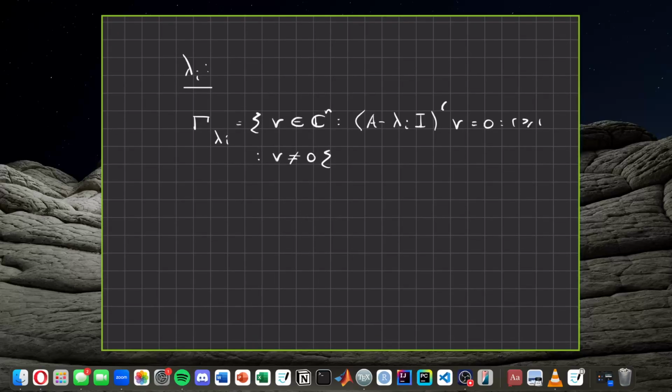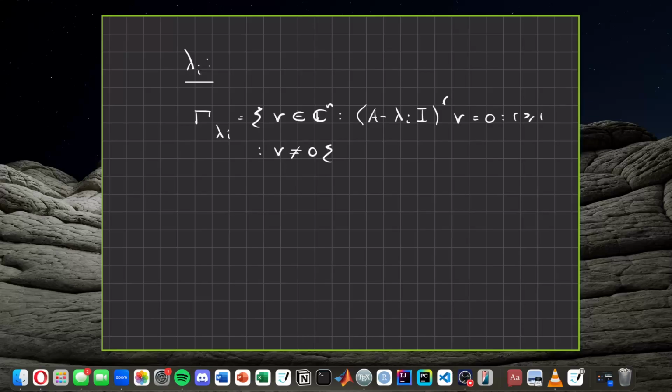Now, what we can show essentially, which I will not do here, is that the vector space Cn, complex vectors, is the same as the direct sum of everything in this set.